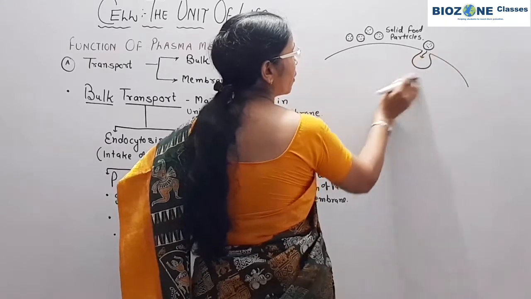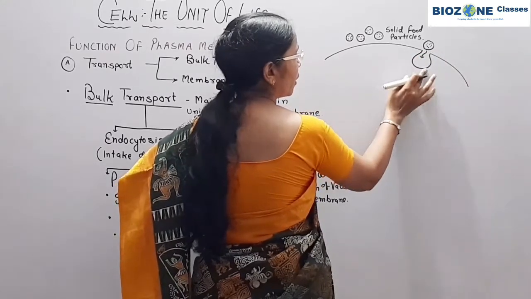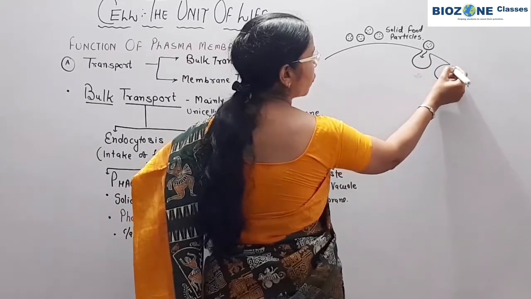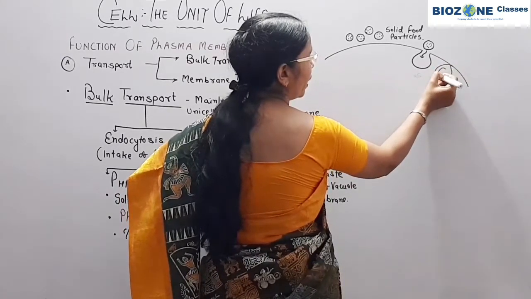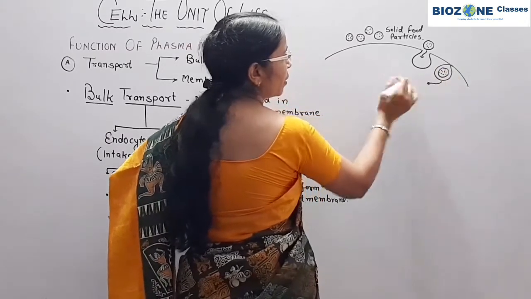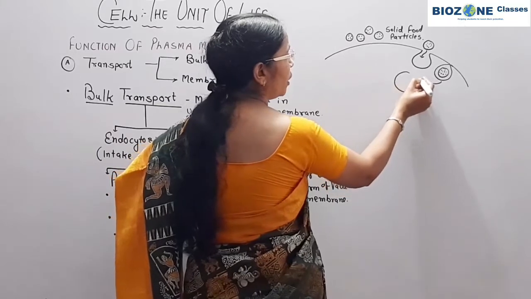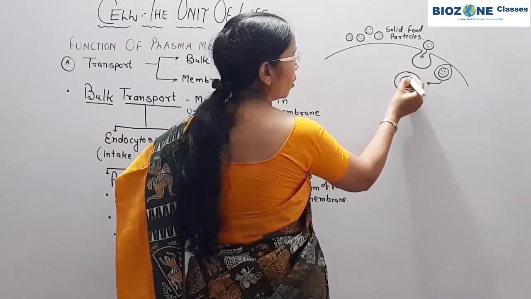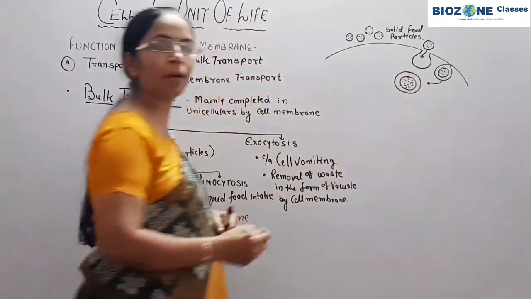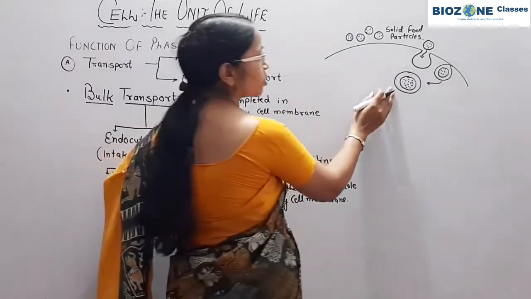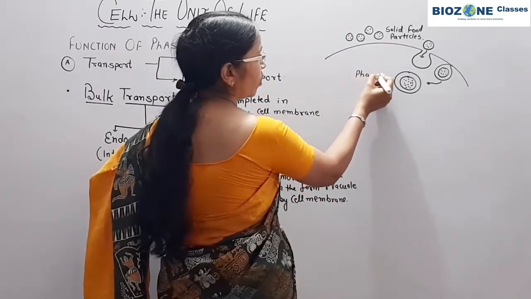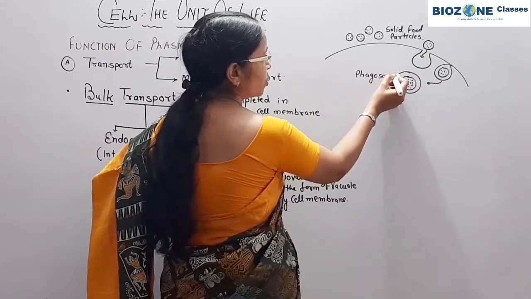The food particle enters, and gradually the cell membrane gets cut off from the rest of the membrane, and the food particle is converted into a food vacuole. So food bounded by a cell membrane is called a food vacuole. In case of solid food, the food vacuole is called a phagosome.